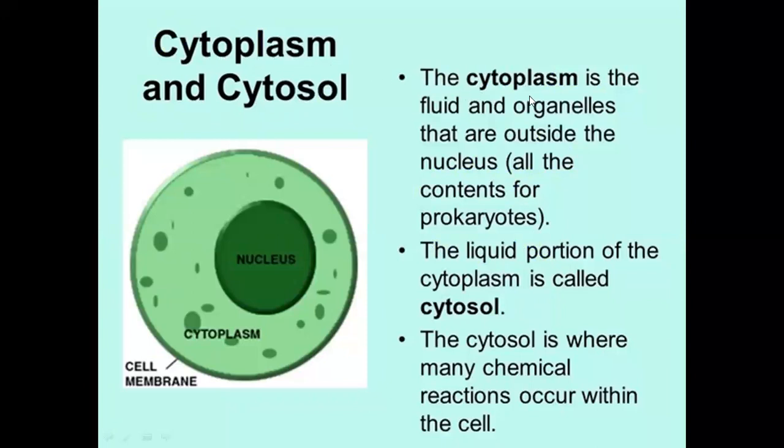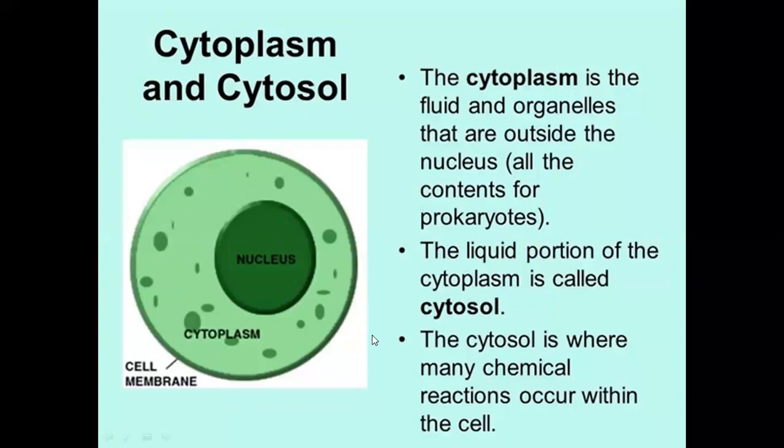Now, the cytoplasm is the fluid and the organelles that are outside the nucleus, which means all the contents for prokaryotes. Why? Because in the prokaryotes, you do not have a well-defined nucleus. The liquid portion of the cytoplasm is called cytosol.